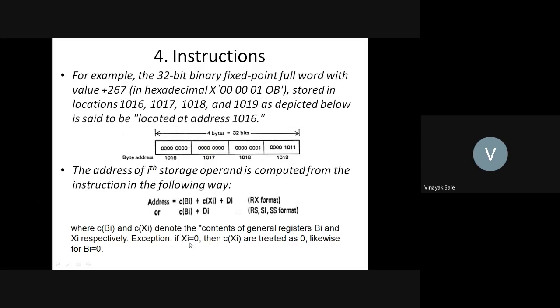If the hexadecimal index is 0, then C of Xi is treated as 0. Similarly, for Bi equal to 0.